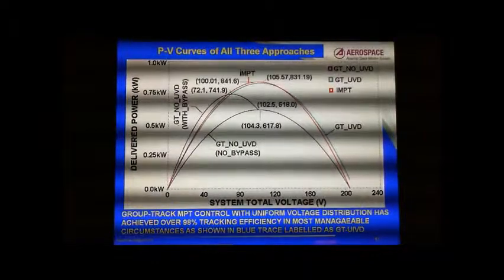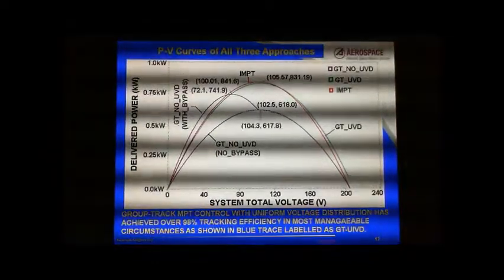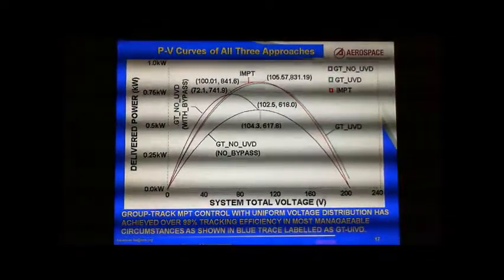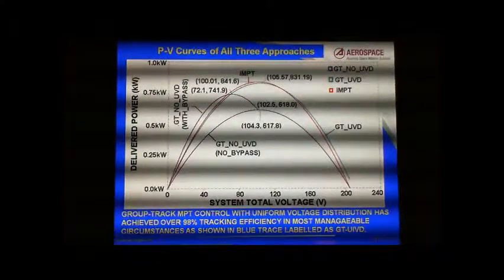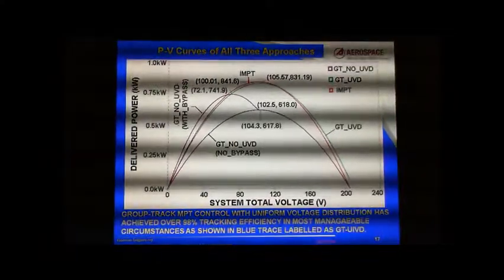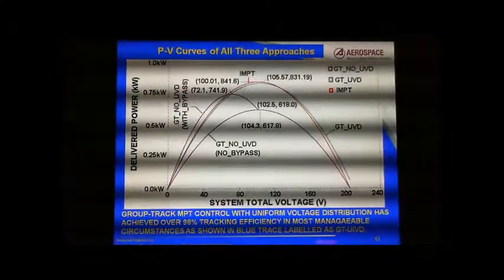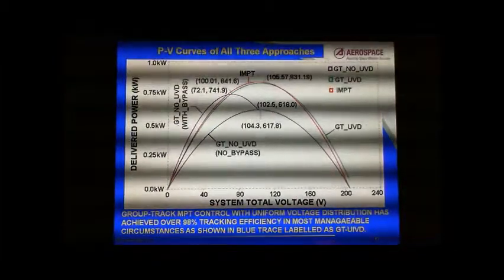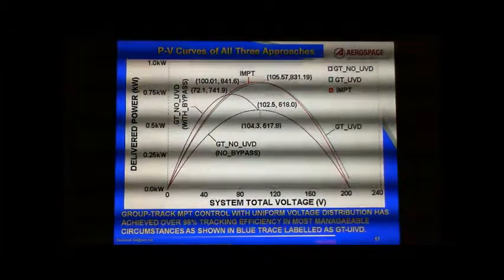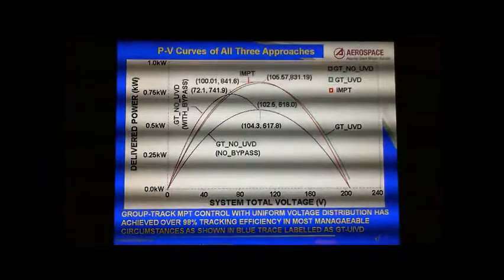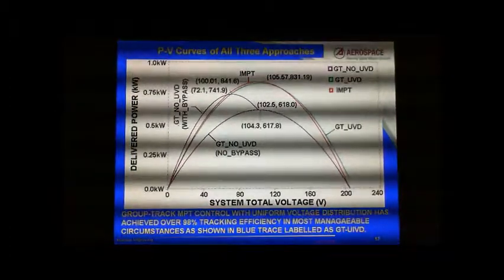The optimized approach, which is the approach that becomes the focus of this presentation, the uniform voltage distribution group tracking control approach, delivers 831 watts.